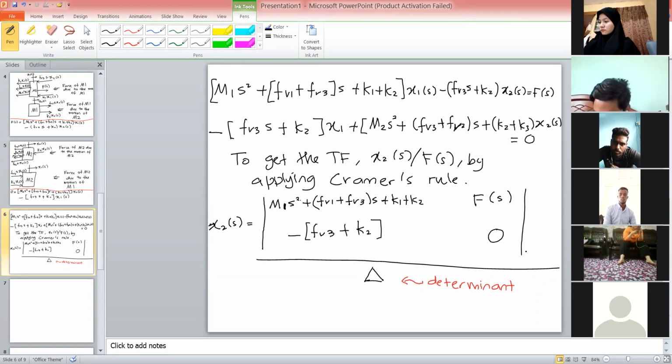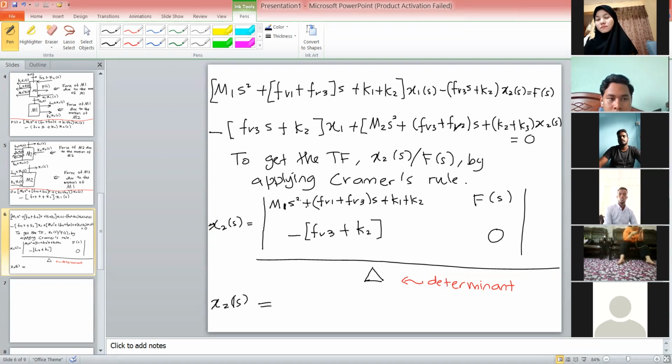We need to solve this first. How to solve this? We need to cross multiply, this and this. 0 multiplied by all this term is 0, right? Minus this times this.